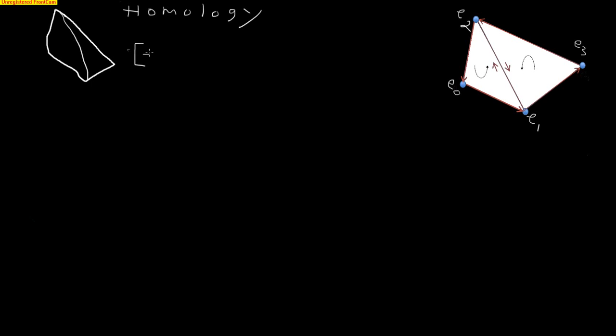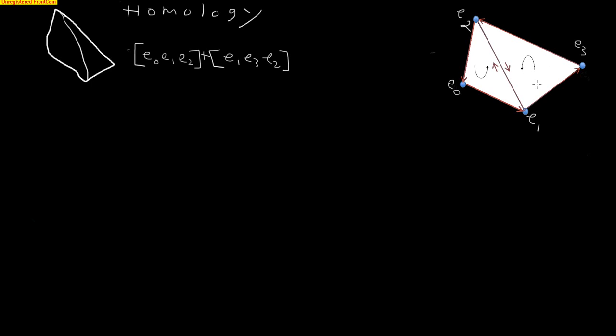So we can write the first one as E0, E1, E2, plus, and this would be the second triangle. And so here you have E1, E3, E2. And that's it. So that is basically writing algebraically what the triangulation is on the right.